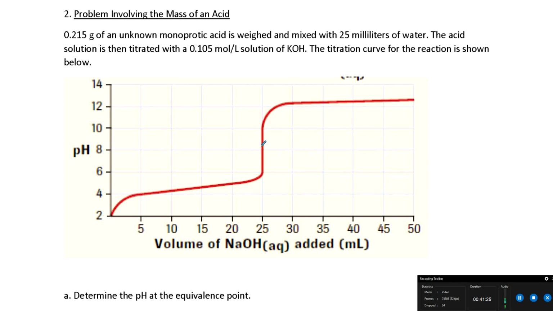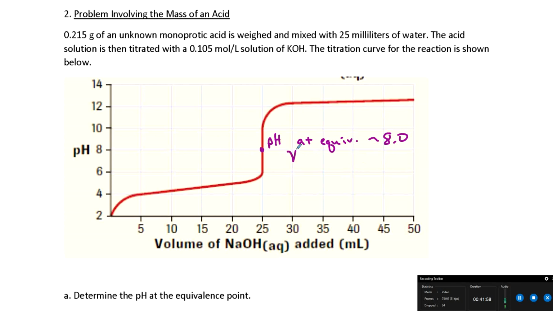So we need to pull some information from here, so we're going to have to do a bit of eyeballing. That's about the halfway point. So the pH at equivalence would be about, well, I guess I didn't quite hit that, did I? I think this is supposed to be the halfway point. So it is about 8.